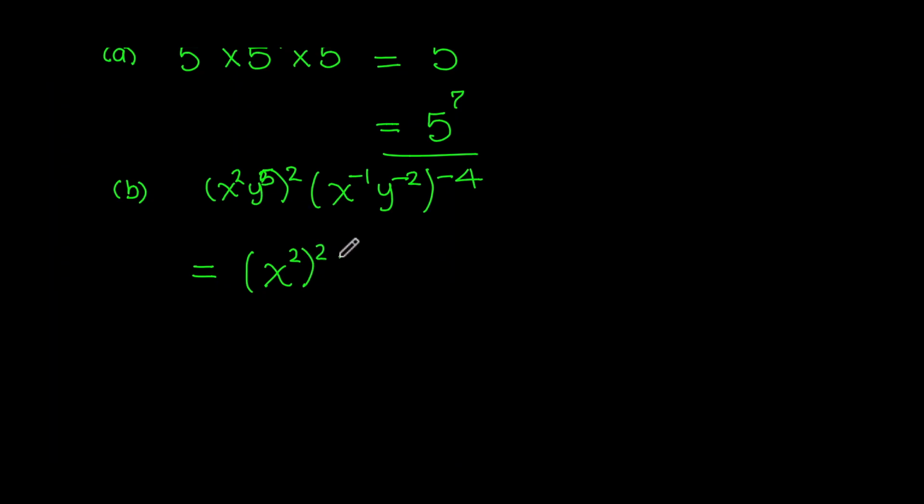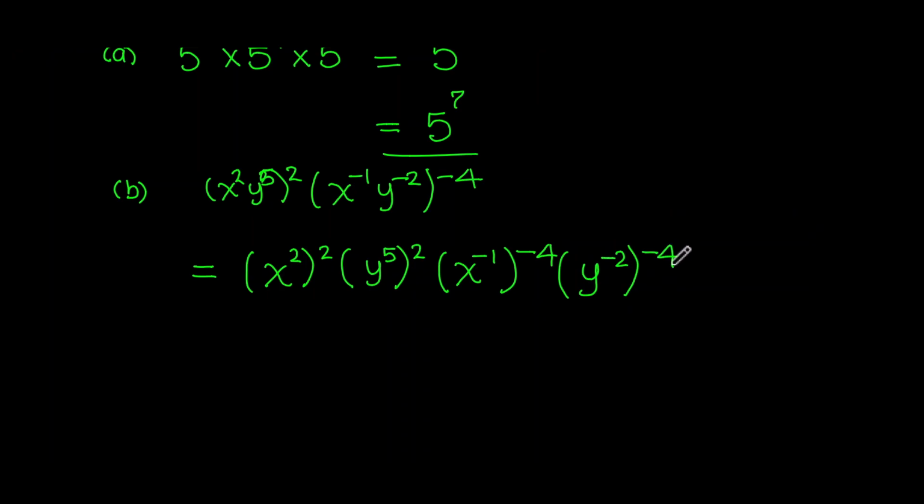And the next one is y to the power of 5, also raised to 2. So this is the first part. The second part is here. We have x to the power of negative 1, and we raise this to negative 4, and we move to the next one, that is y to the power of negative 2, again raised to power negative 4.